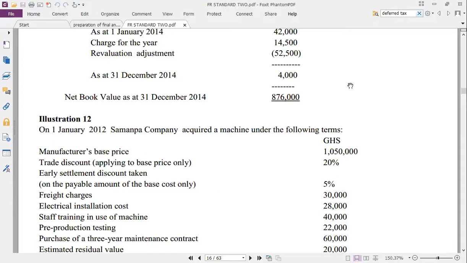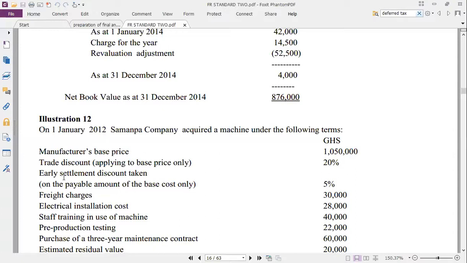Early settlement discount to be taken. Now, this discount, you only apply the trade discount, not the settlement discount. So that one goes to the P&L. So that one will not be part of the cost of the PPE. We said less trade discount, right? So any trade discount must be subtracted, not the cash discount.